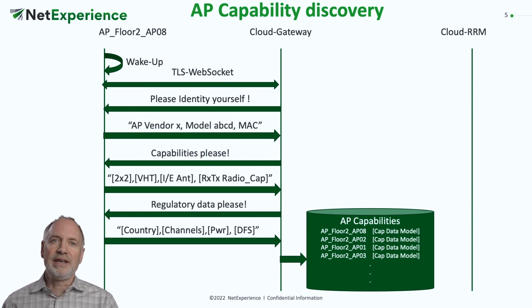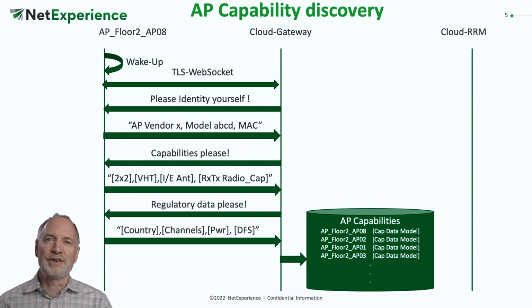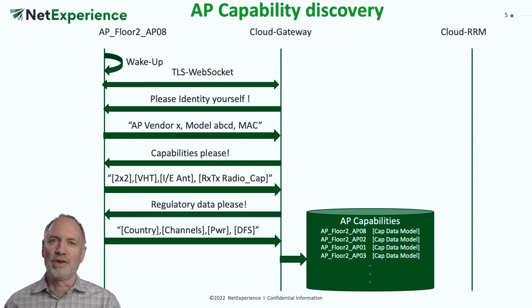The capabilities start with fairly basic hardware information, such as the AP vendor for that specific AP, the model, and of course the WAN MAC address, which will be used for switching and routing purposes.